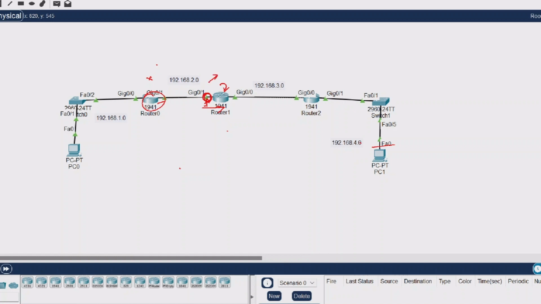Suppose for this one, I am going to give this interface an IP address, because the network is 2.0, something like 192.168.2.1. So the moment it is given as the next hop for this router 2, then 2.2 means the packet will be forwarded to this router. The same way this will be given to the next hop router. Finally it will reach the corresponding destination.